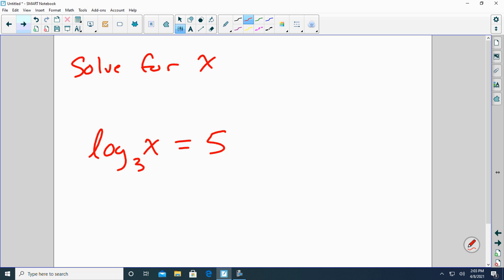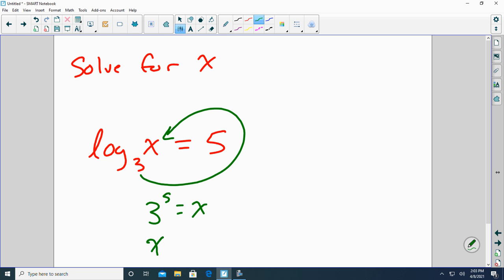Let's say we had that as a problem. So I want to solve this. So I'd get 3 to the 5th is equal to x. And on a calculator, you could do 3 to the 5th power, so x equals 243. Okay. So go ahead and try 5 through 8, and we'll take that to 207.